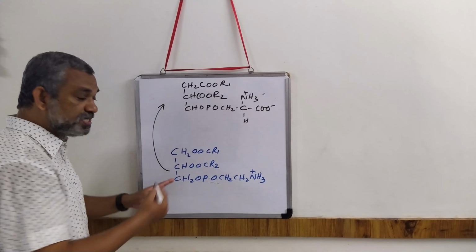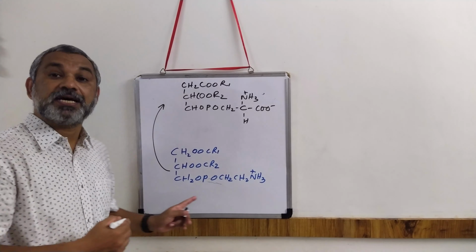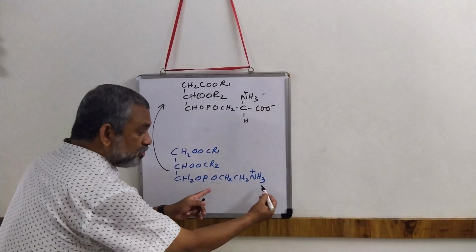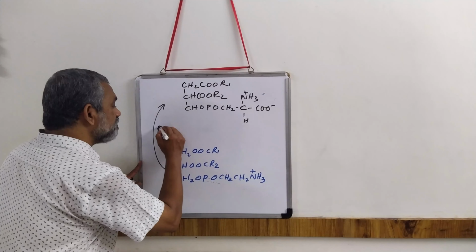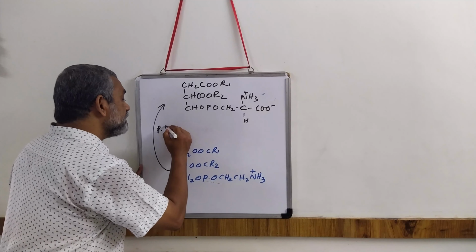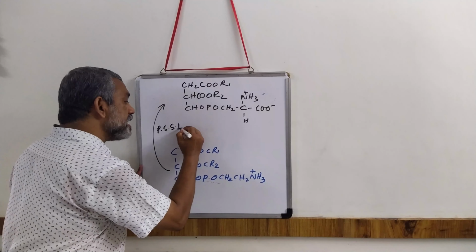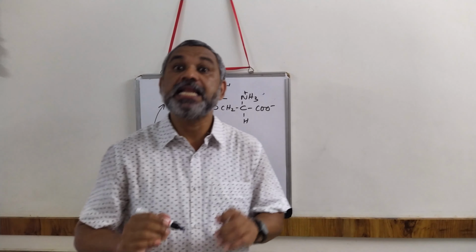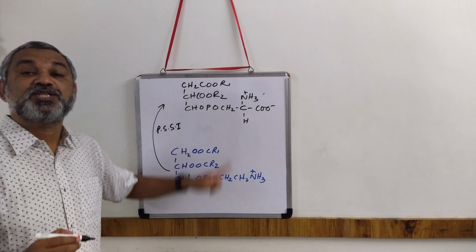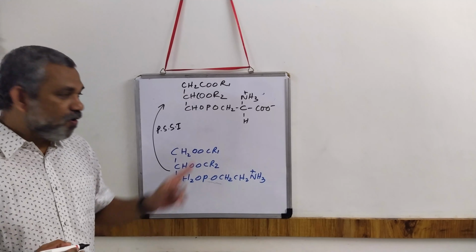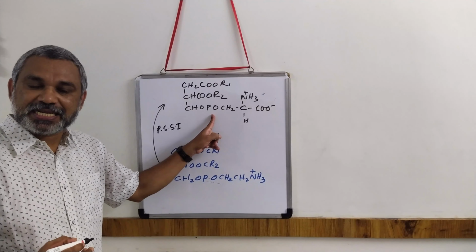This conversion, changing the head group, is catalyzed by phosphatidylserine synthase number 1. Phosphatidylserine synthase number 1 is the enzyme which will do this catalysis. So we have made phosphatidylserine.